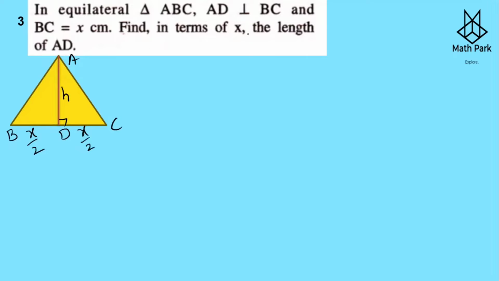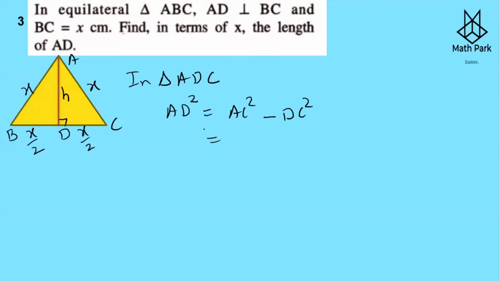Right? Now find AD. So let us use the Pythagoras theorem for any one triangle. So we use in triangle ADC, instead of H, I'm going to write here AD only. So AD square is equal to AC square minus DC square. Now all the sides are equal, since it's an equilateral triangle, so you get AC also as X. So AD square is equal to AC, which is X square, minus DC, which is X upon 2 the whole square.